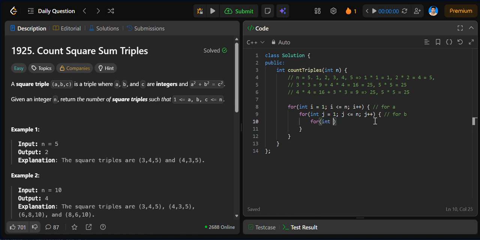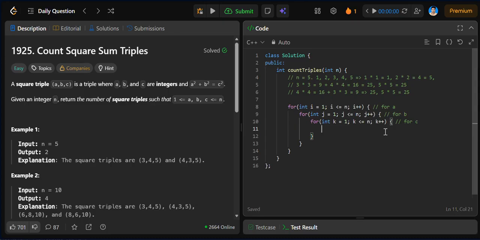And again int k is equal to 1, k less than or equal to n, k plus plus, and this is for c.